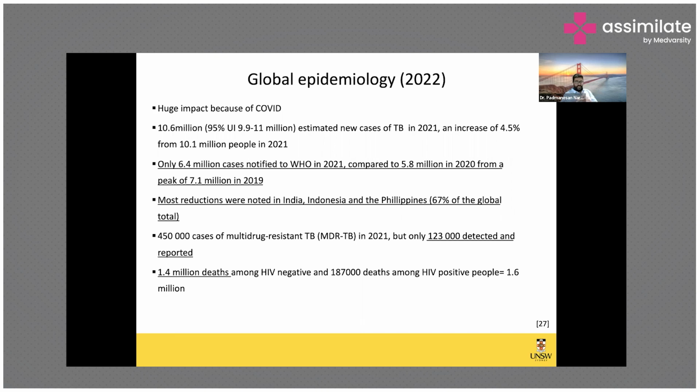And there are 500,000 multi-drug resistant TB cases, but of that 500,000, only 125,000 are detected and reported. And as I told you, nearly 1.4 million deaths happen every year. So the one thing you have to take away from this slide today is that 40% of TB cases do not even get notified throughout the world, okay? All right.